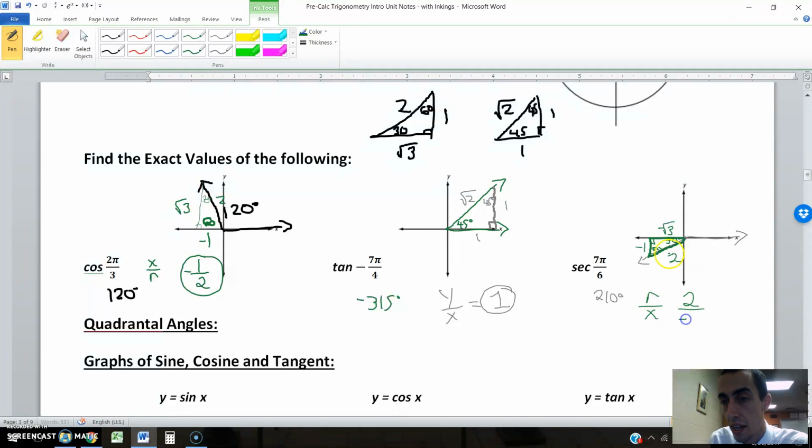X is negative root 3. Now we need to change this format because we've got a square root in the denominator. So let's multiply this by root 3 over root 3, and we're going to have negative 2 root 3 all over 3.